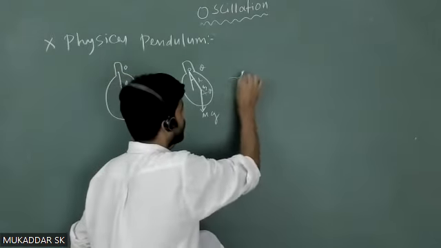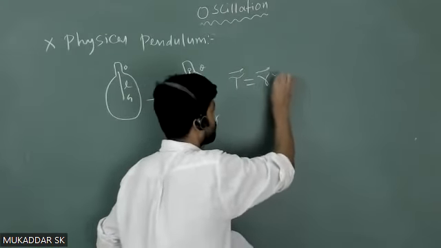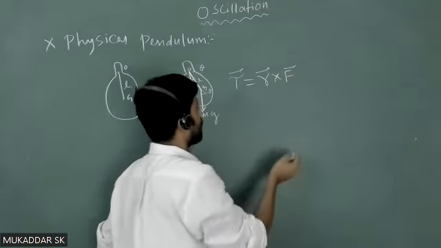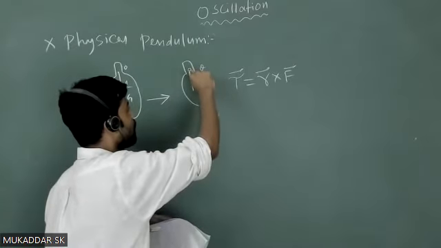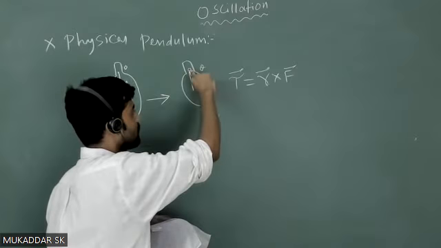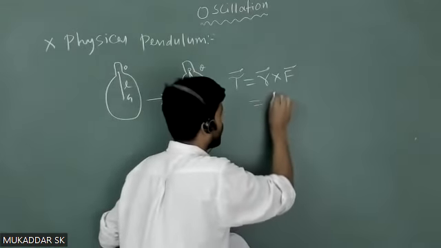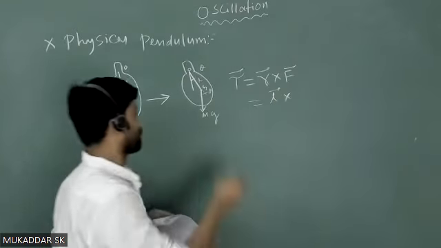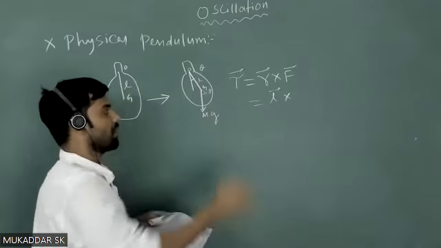Now how will we write the torque? Torque is nothing but R cross F. R is the length from the point of suspension to G, the center of gravity, so that will be your L. And F is nothing but mg, right?